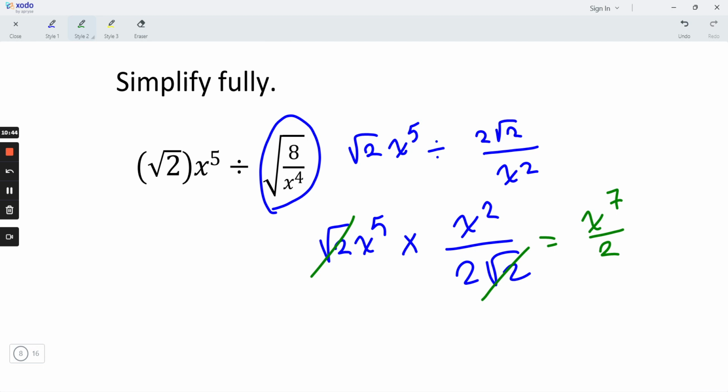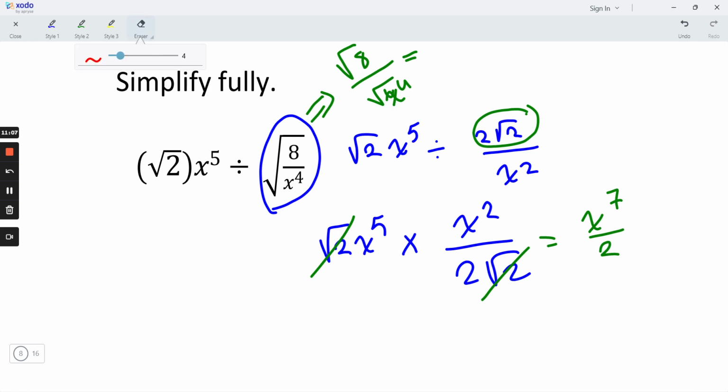What we did here is, first of all, we split it out like √8 over √(x^4), sorry. So here √8 is √4 times 2, √4 is 2 times √2, which we have here. And √(x^4), what we have here is x^4 under the square root, so let's rewrite it this way, it's better.